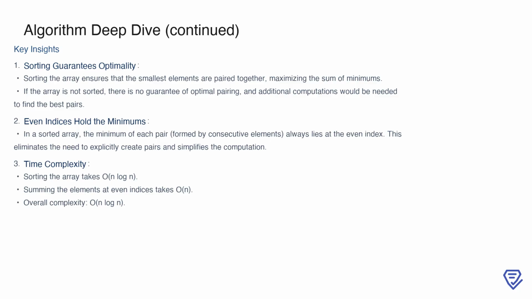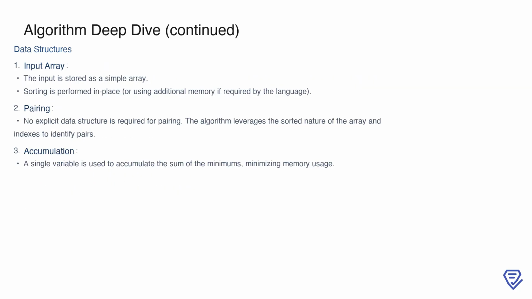This eliminates the need to explicitly create pairs, as we can simply sum the elements at even indices to get the result. Finally, from a time complexity perspective, sorting the array takes O(n log n), and summing the elements at even indices takes O(n). Therefore, the overall complexity of this approach is O(n log n), which is efficient for the problem at hand. The algorithm relies on minimal data structures, making it both simple and memory efficient.